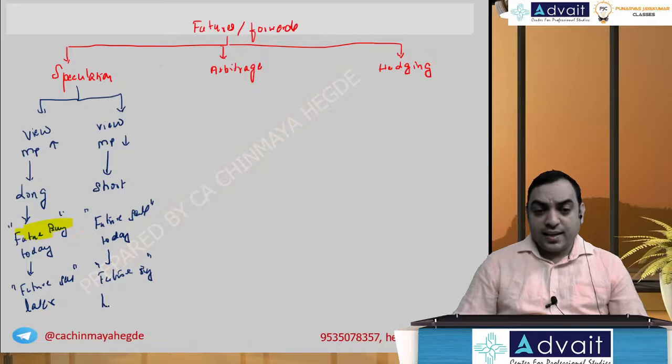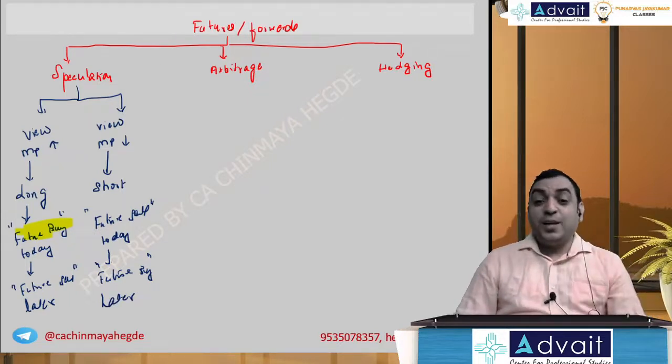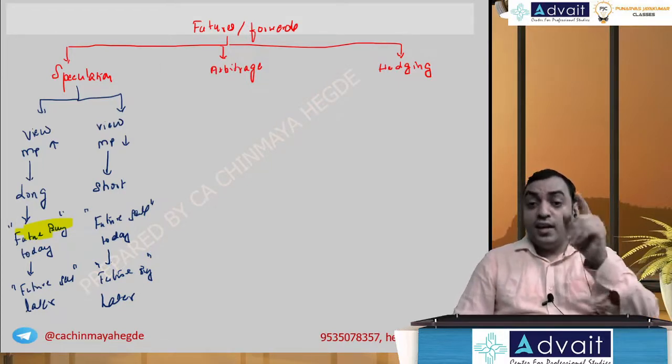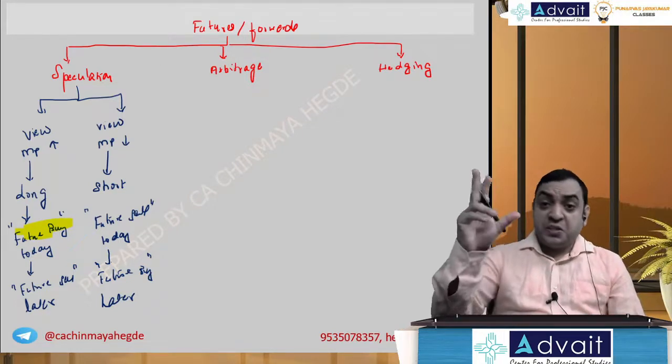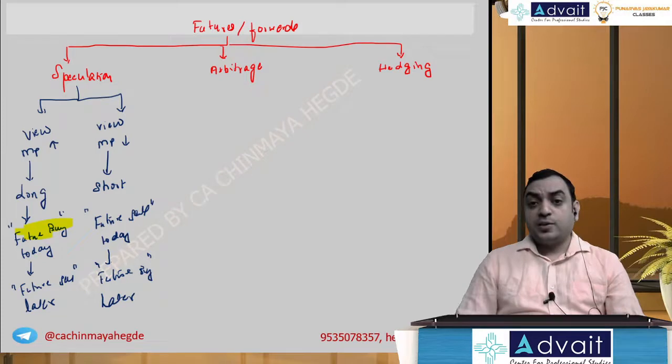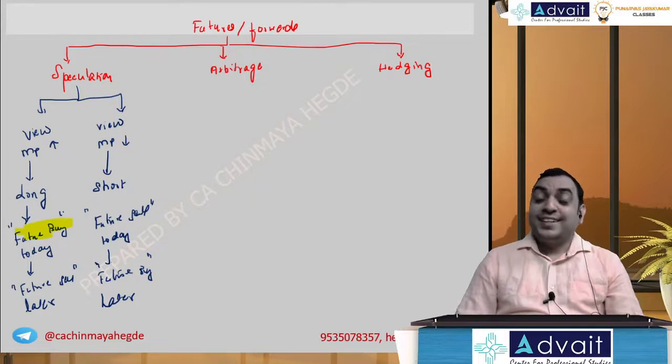And shorting was not easy for retail people. It was allowed only intraday in the spot market. If you want to go beyond intraday, then you have to do a stock lending mechanism, which is allowed only for institutions, not for retailers. But for retailers, you can do future sell.